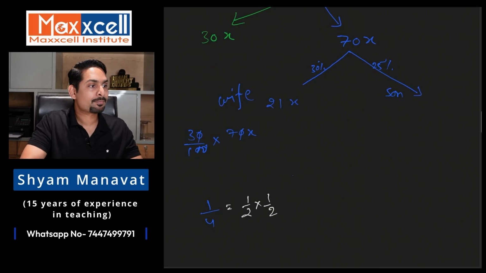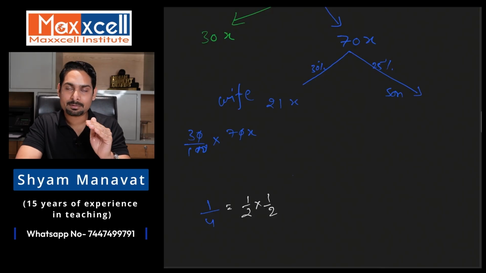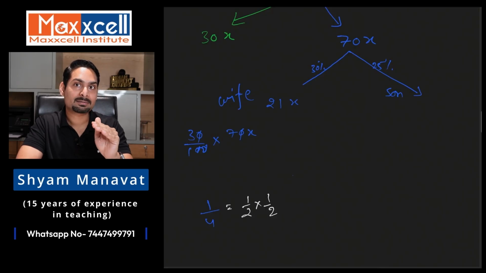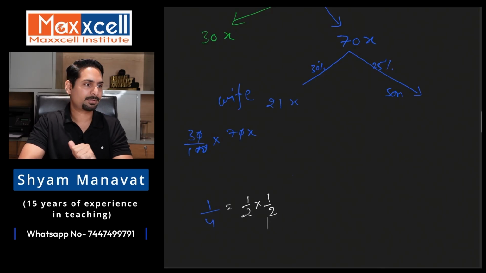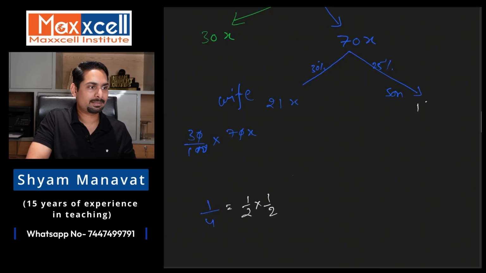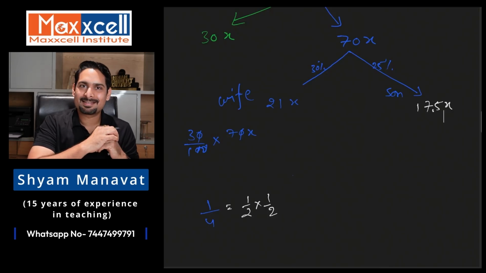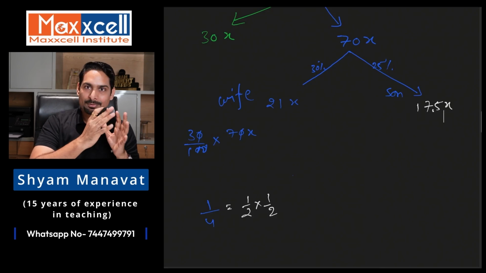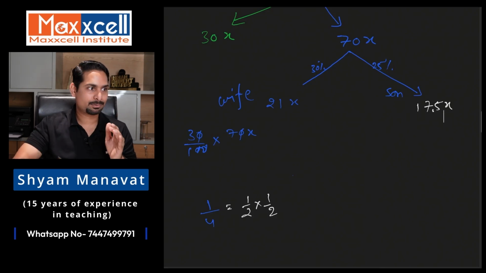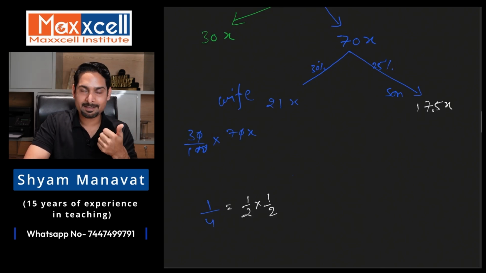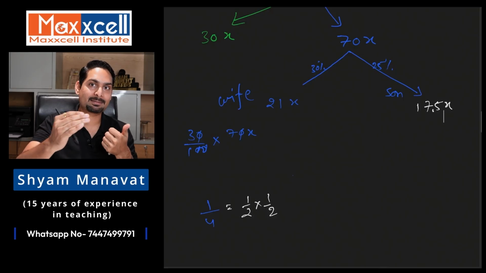Half of 70 is 35 and half of 35 is 17.5. So I will get this value as 17.5x.